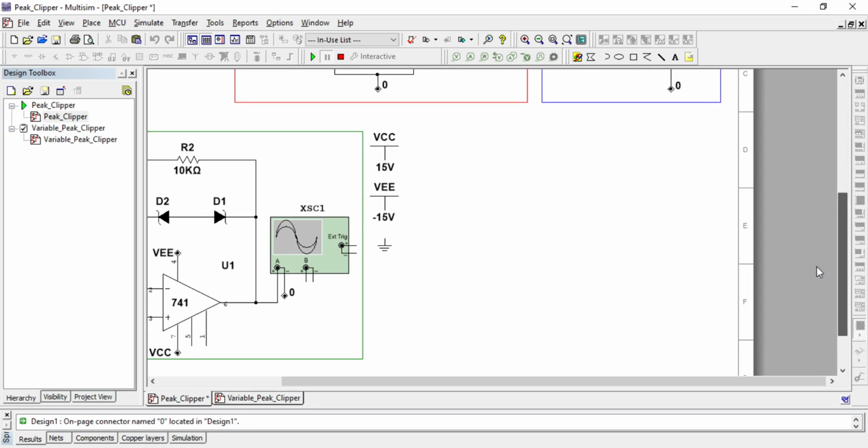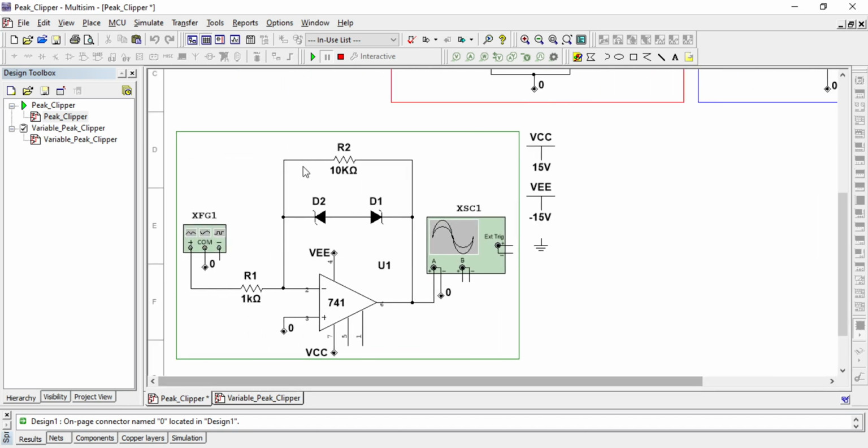Coming down to the first circuit, in this circuit we are using Zener diodes D1 and D2 connected back to back. Suppose we are applying a sine wave. If the input is positive, D2 will be reverse biased and D1 will be forward biased.